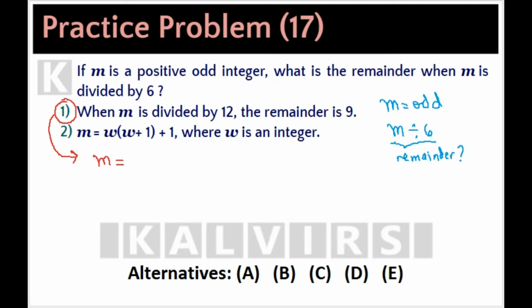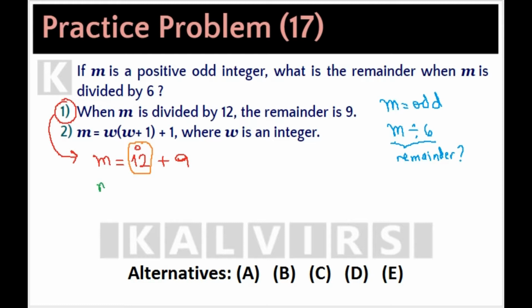So I can write this sentence like this: m is a multiple of 12 plus 9. Now, is a multiple of 12 also a multiple of 6? Remember that any multiple of 12 is a multiple of 6 as well, since 12 is a multiple of 6.